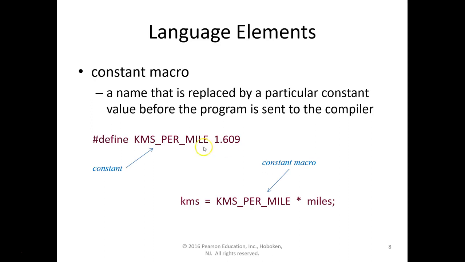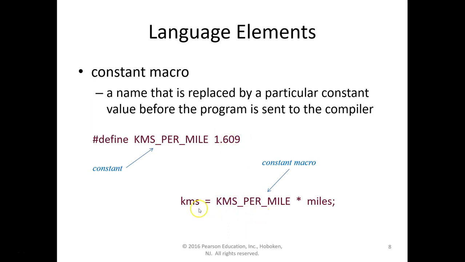So in one of your programs, if you want to convert mile into kilometer, then you need this constant here. Because maybe this may change, you never know.